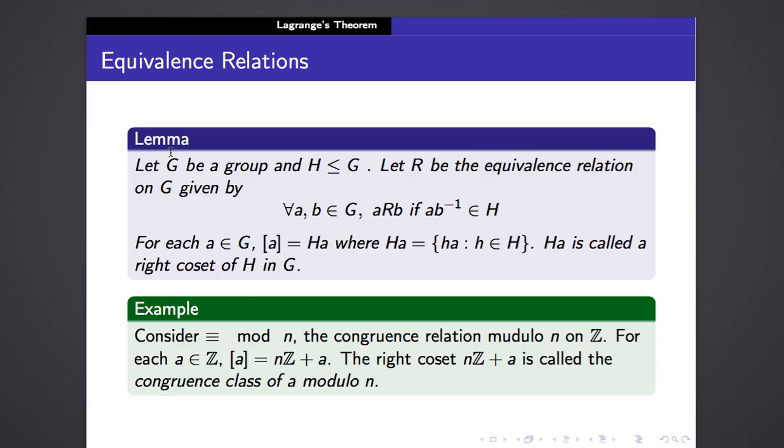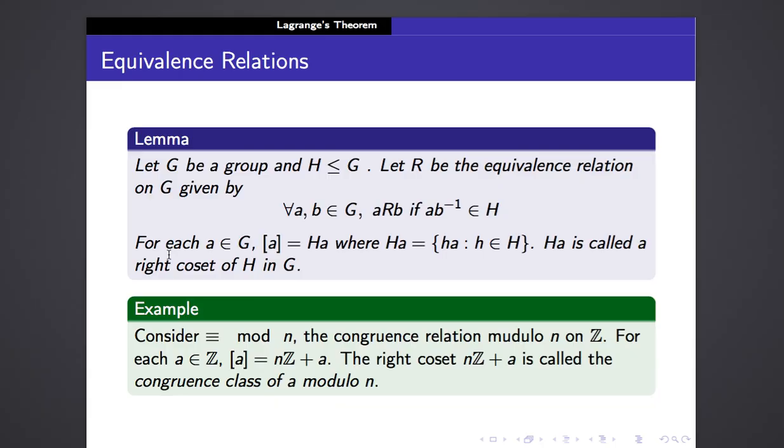Again, G is a group and H is a subgroup, and R is an equivalence relation on G given by the following definition. In this case, for any element A in G, the equivalence class of A is the same as the right coset HA. That's what we proved last time.